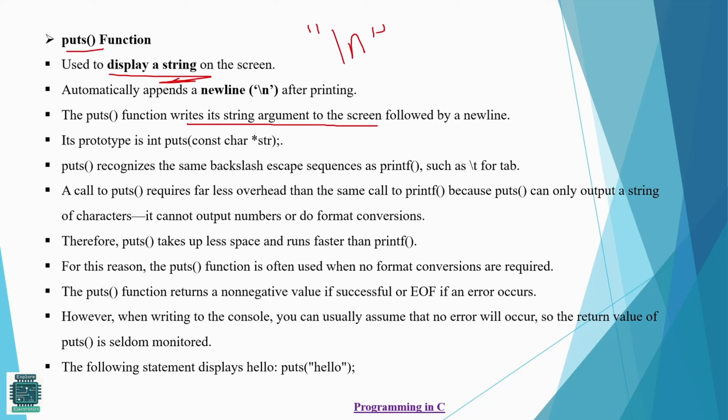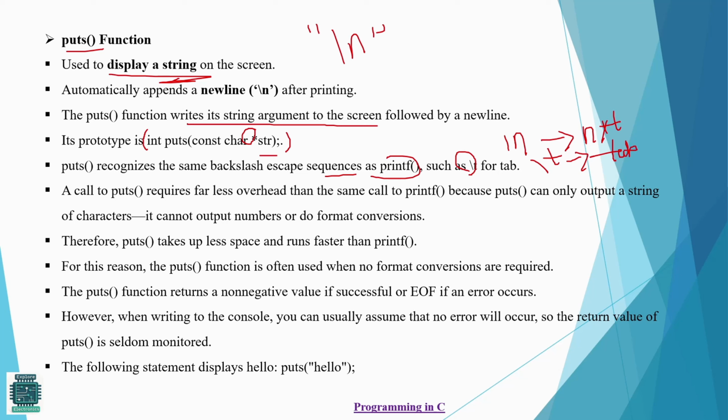Its prototype is int puts(const char *str). Here puts recognizes the same backslash escape sequences as printf, such as slash t for tab and slash n for next line.